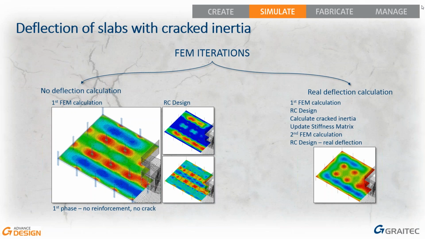And after the first iteration, you get your crack, so you can actually calculate your cracked inertia. With that, you can update the stiffness matrix and perform the second FEM calculation. Again, the SE design in the second phase would calculate the real deflection considering both reinforcement and your cracked inertia.